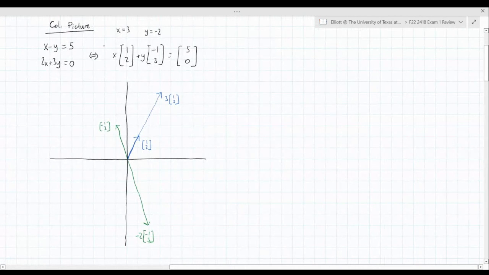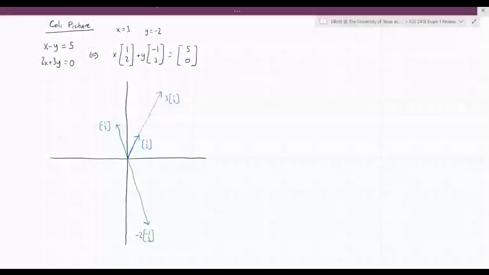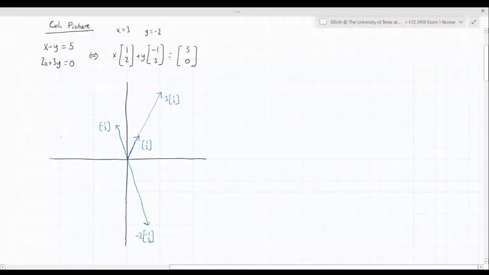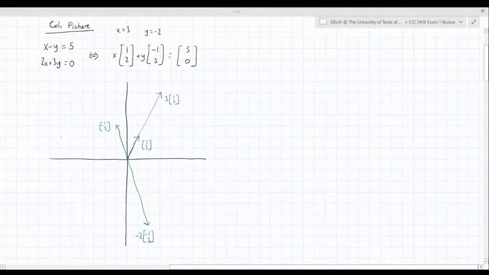Now it should be that when we add these two vectors, their sum should be equal to 5, 0. Okay? So here's 5, 0. So remember that visually to add two vectors, when your vectors are connected tail to tail, their sum is supposed to be the diagonal of the parallelogram that they form.